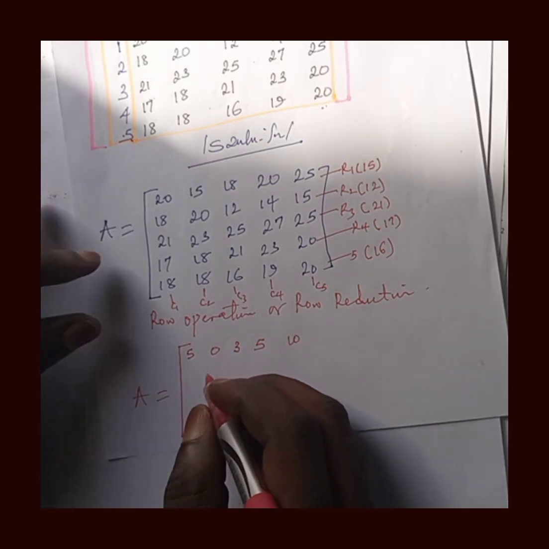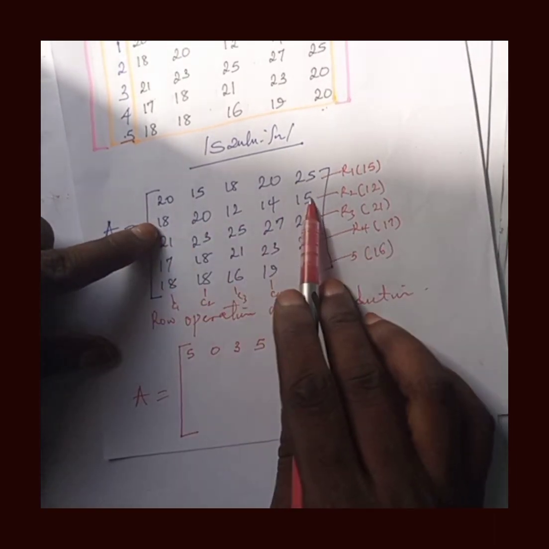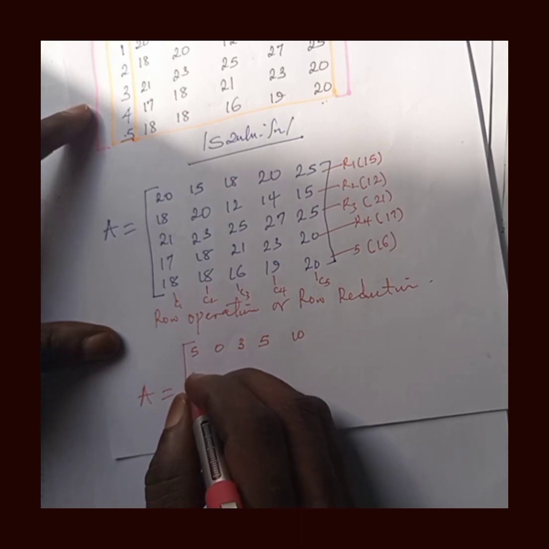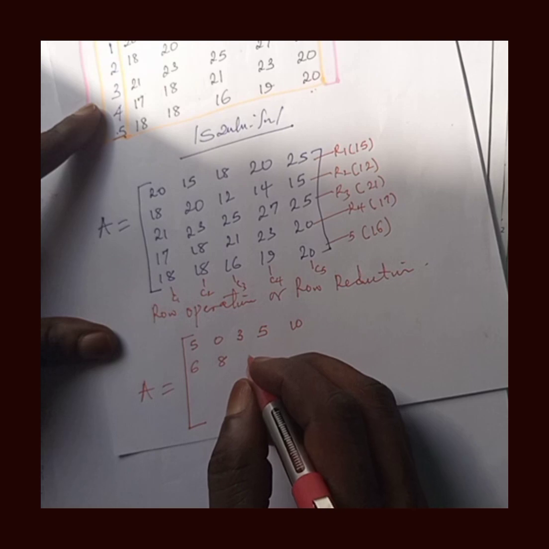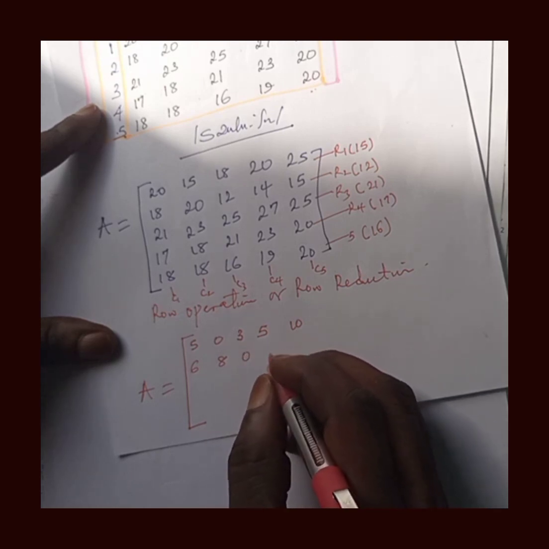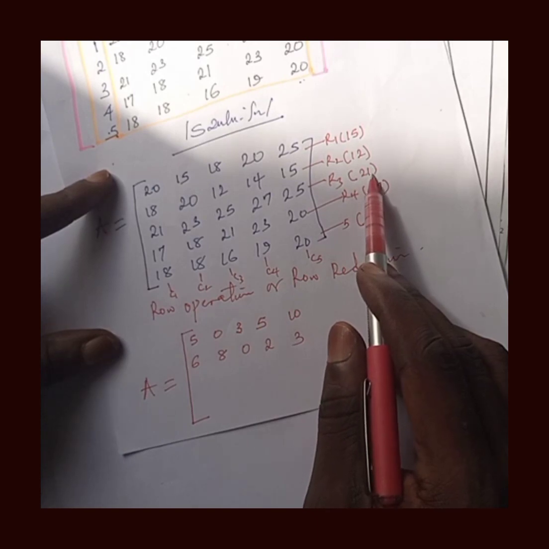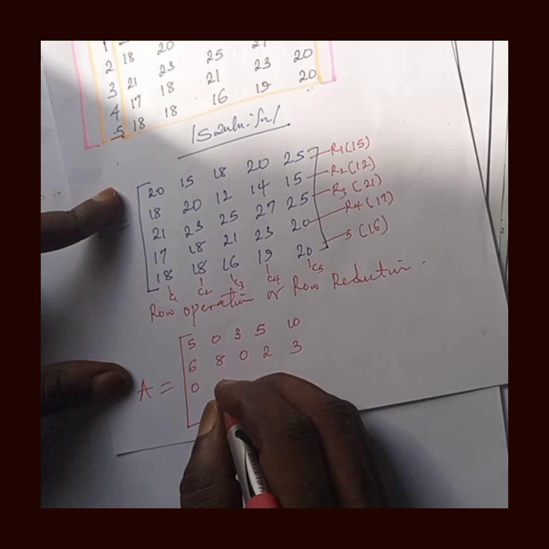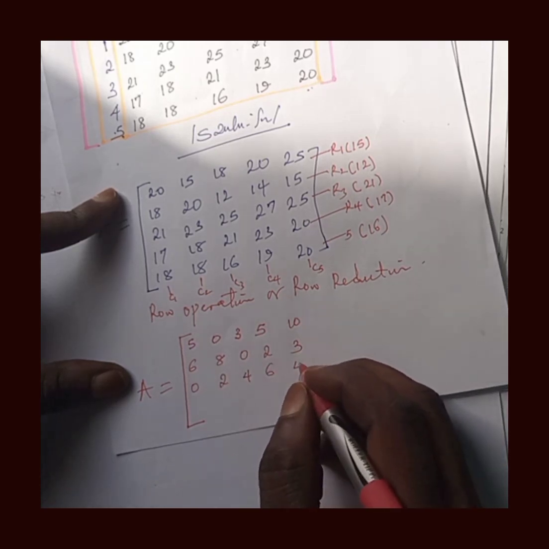For the second one, we are subtracting 12 from each element here as well. By the time we do that, this one will give us 6, this one will give us 8, this one will give us 0, this one will give us 2, and this one will give us 3. For the third one, we are subtracting 21 from each element here, and this will give us 0, 2, 4, 6, and 4.